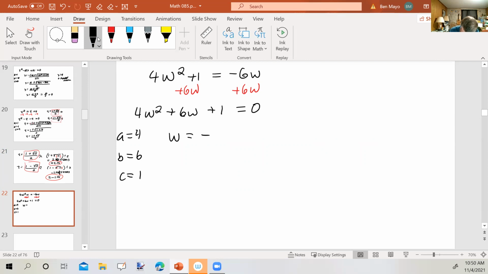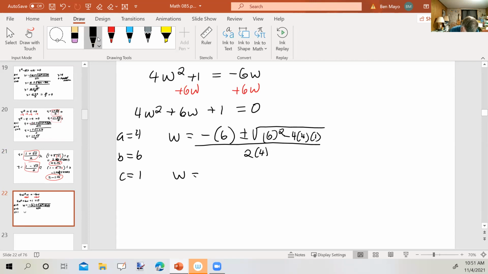W equals negative b plus or minus the square root of b squared minus 4ac all over 2a. W equals negative 6 plus or minus the square root of 6 squared, which is 36, minus 4 times 4 times 1, which is 16, all over 8.